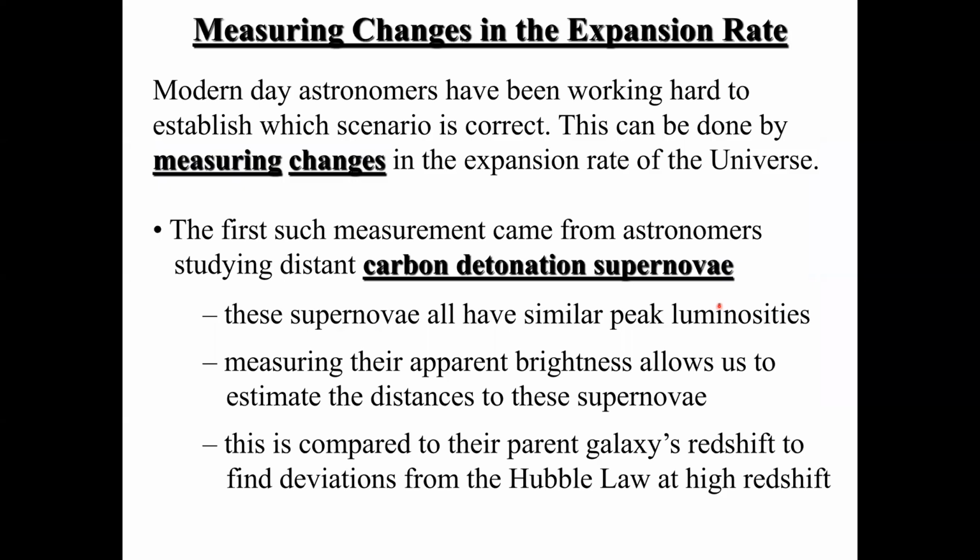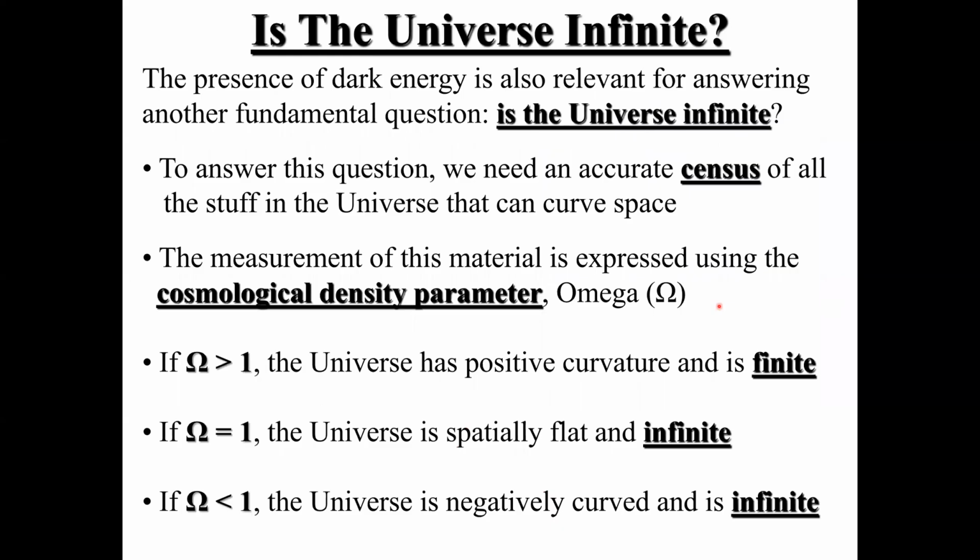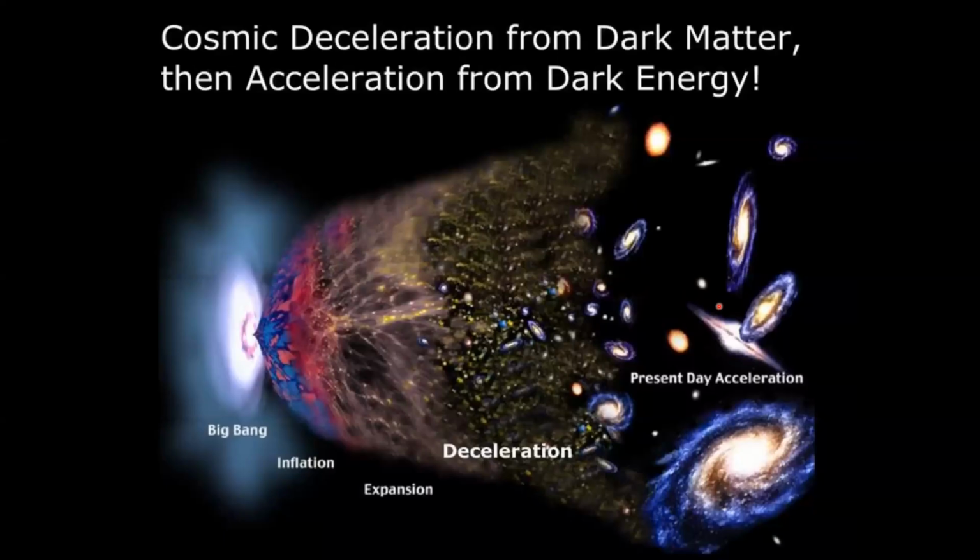And then there are experiments being established to measure the changes in these expansion rates as well. What we have right now is that the universe is accelerating, and this is what we have as a result now.